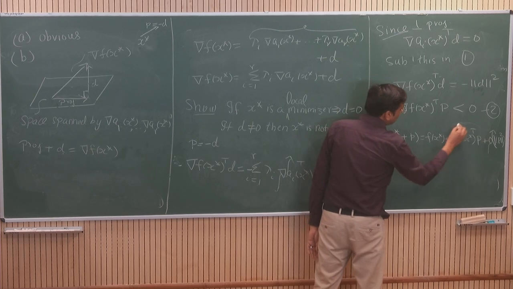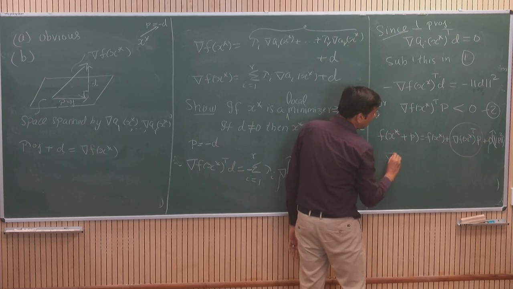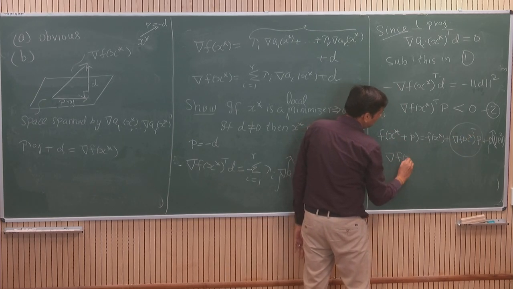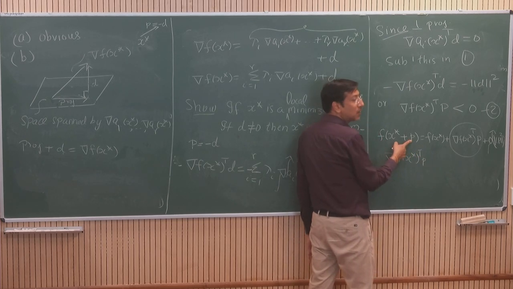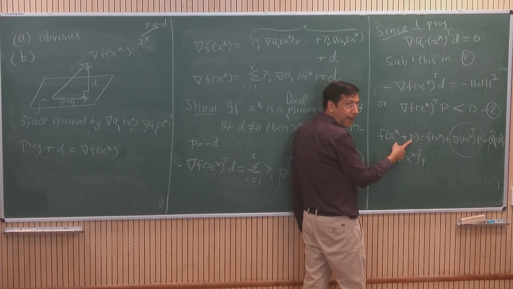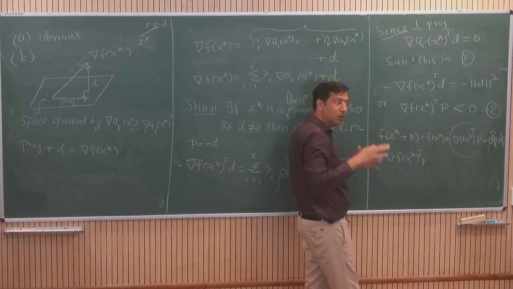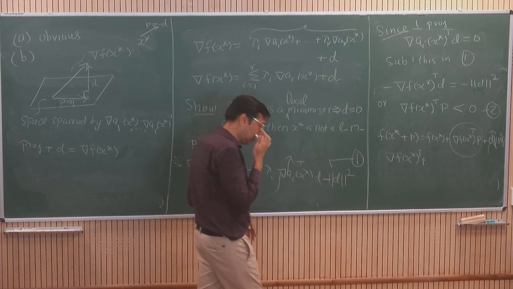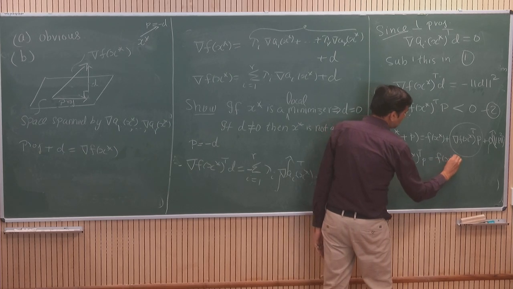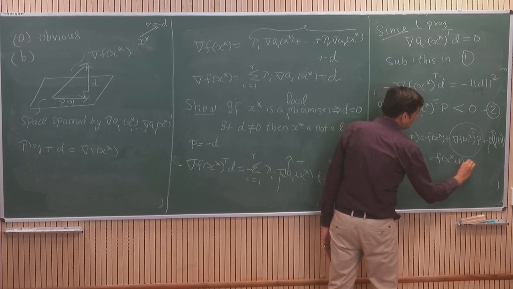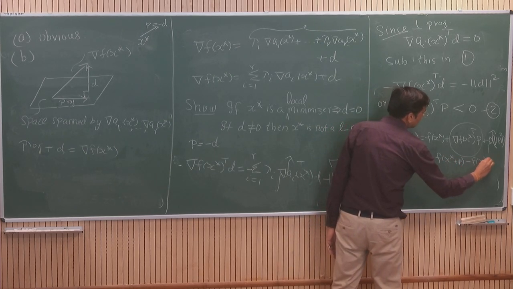So let's try to look at this term. So this would imply gradient of f x star transpose p. P is carrying both the direction and how much you're going in that direction. It's not a unit vector, so just remember that. This is equal to f of x star plus p minus f of x star.